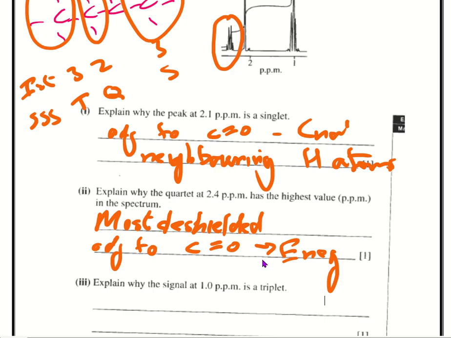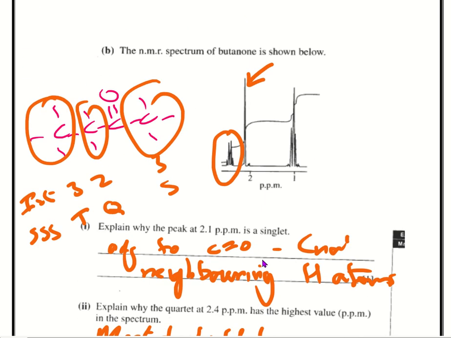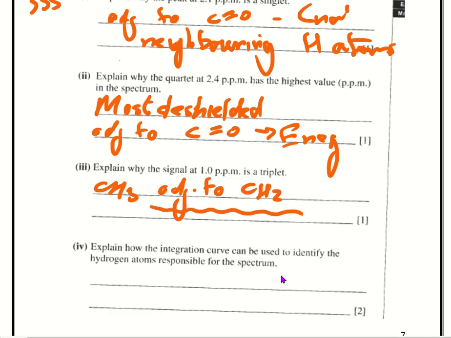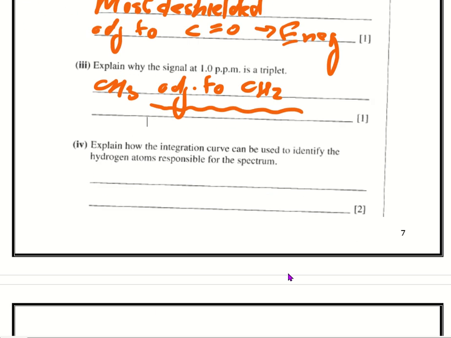Explain why the signal at 1.0 is a triplet. Okay, so that's here, this is a triplet, and that is very simply because it's a CH3 adjacent to a CH2. That's really the important part of the explanation there. Explain how the integration curve could be used to identify the hydrogen atoms responsible for the spectrum.